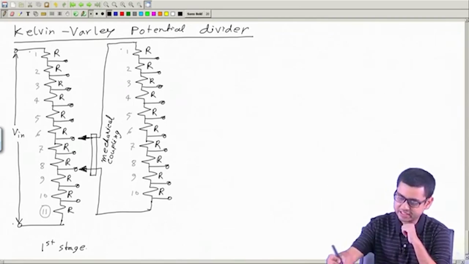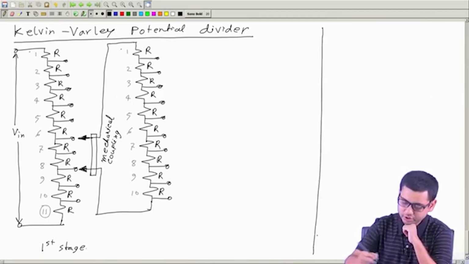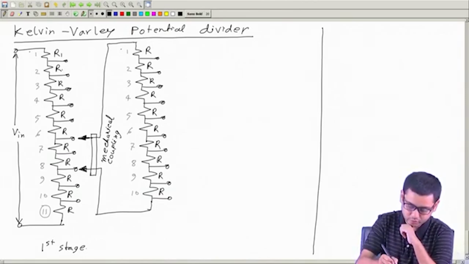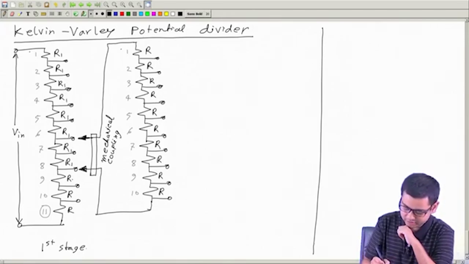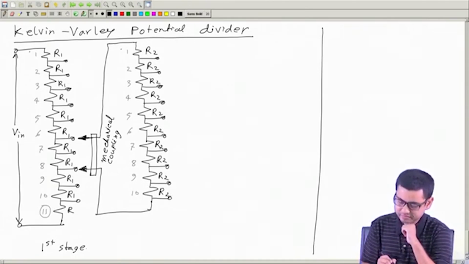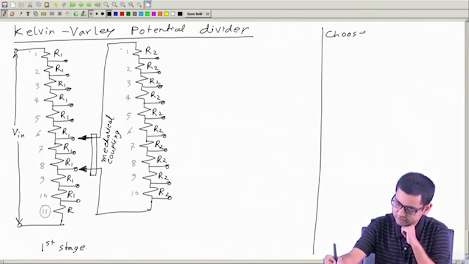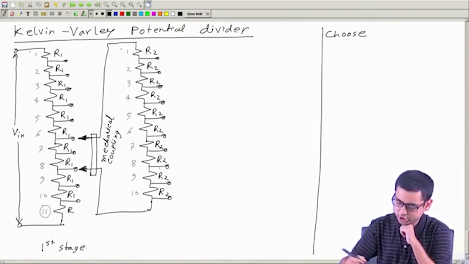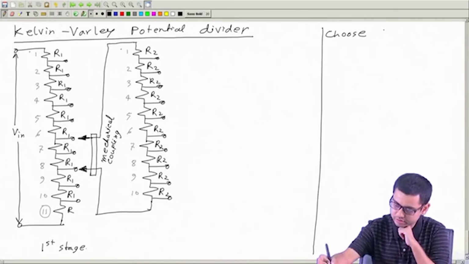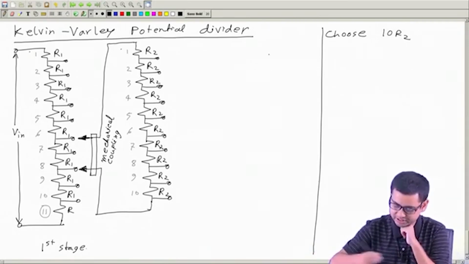And now, the next thing what I will do is, so call these resistances as, okay, if this is R1 for stage 1, call this R2, all these are equal of course, but not necessarily equal to R1. So, I will choose this total resistance of stage 2, which is 10 R2, equal to two resistances of first stage.